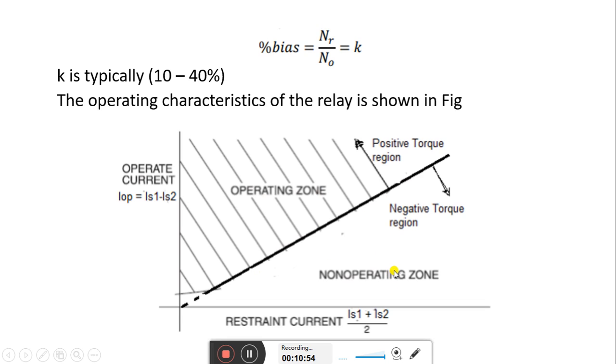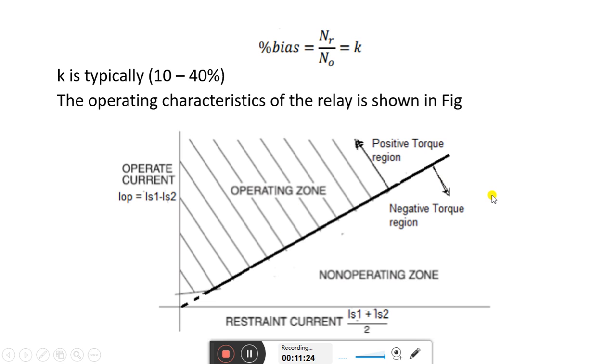It means this relay will have a fixed percentage between the turns of NR and N0, and it will operate only in this operating zone area. That means IOP will always be greater than IR. This condition should be satisfied for the operation of this percentage based differential relay.